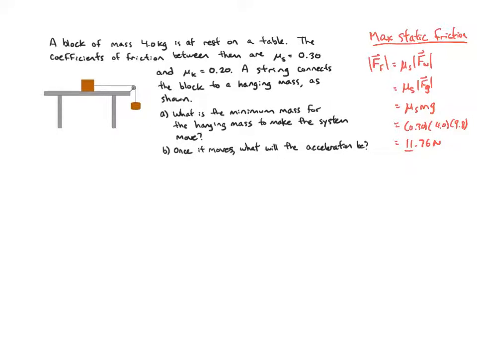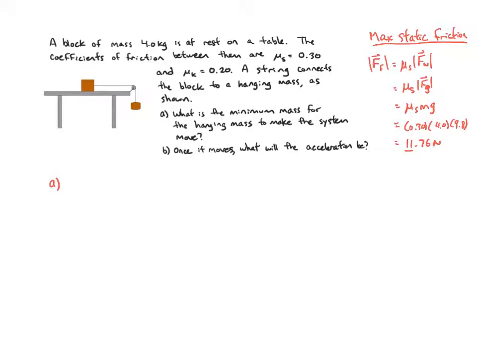All right, so basically, for part A, how much hanging mass is required to start the whole thing moving? Basically, the gravity that's going to pull down on the hanging mass has to overcome 11.76 newtons.